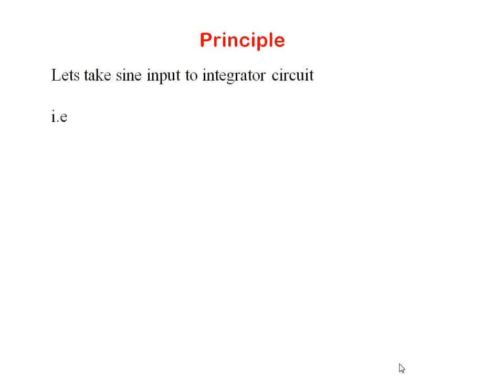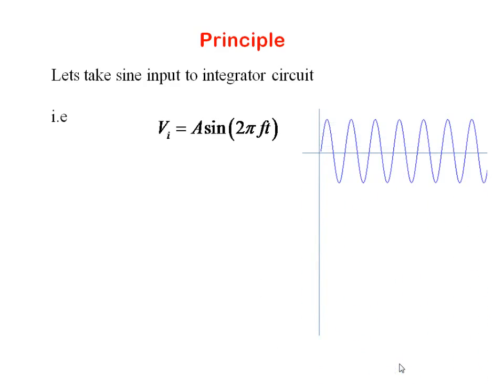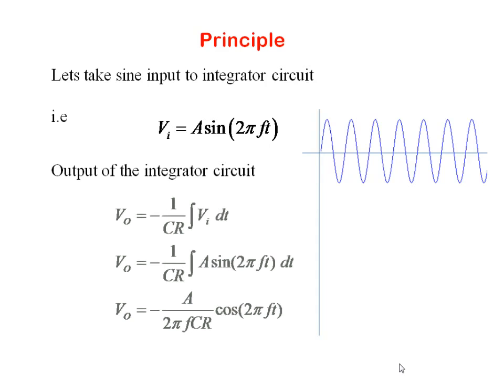Now let's discuss the principle of the experiment. Let's take sine input to the integrator circuit, that is Vi equal to A sine of 2 pi ft. Output of the integrator circuit will be Vo equal to minus 1 upon CR integration of Vi dt.